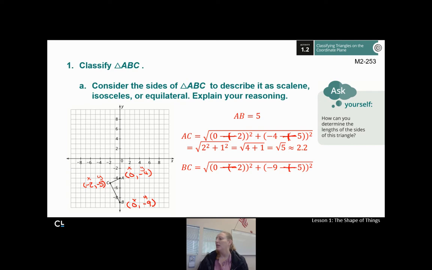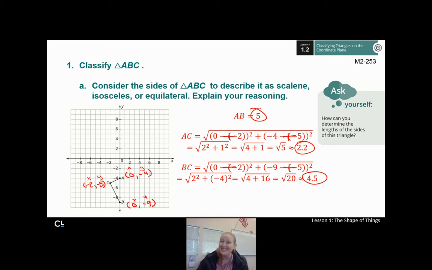So -9 plus 5 will make that a -4 squared. 2 squared is 4. -4 squared is a positive 16. 4 plus 16 is 20. And again, I grabbed my calculator. I got about 4.5, which is not the same as either of these. So I have a side that is 5, I have a side that's 2.2, and I have another side that's 4.5. Guys, none of these sides are congruent.